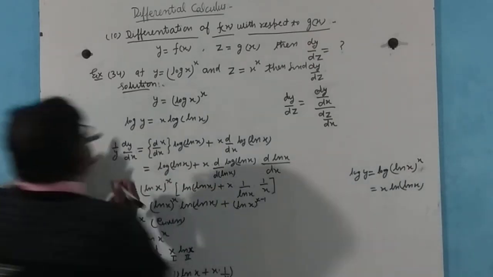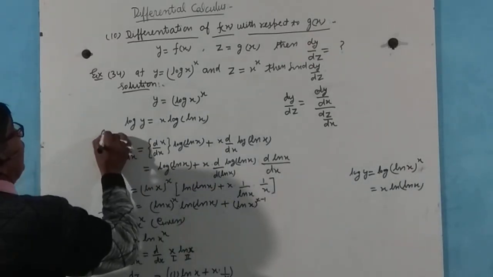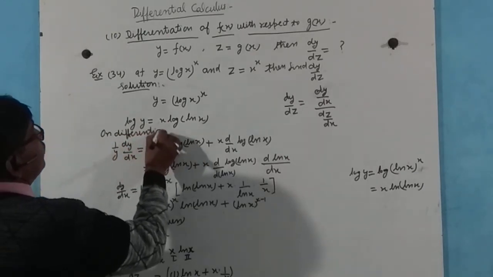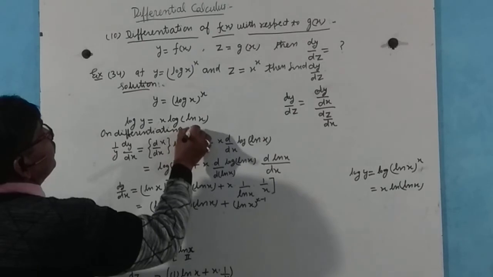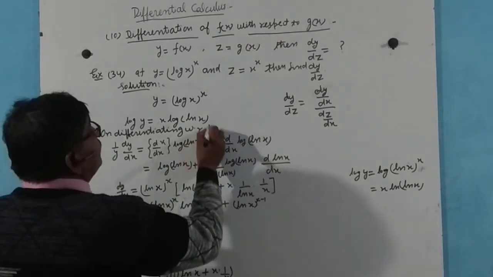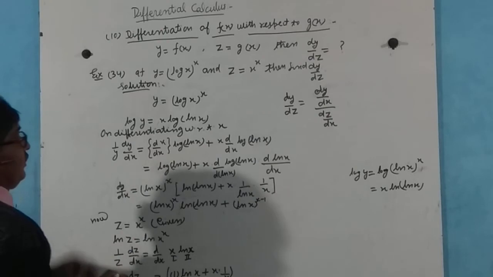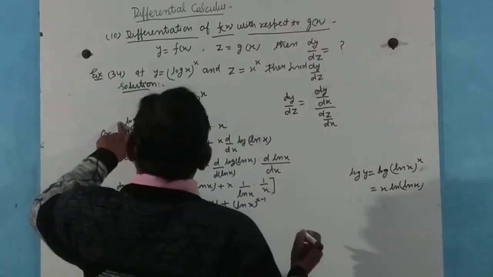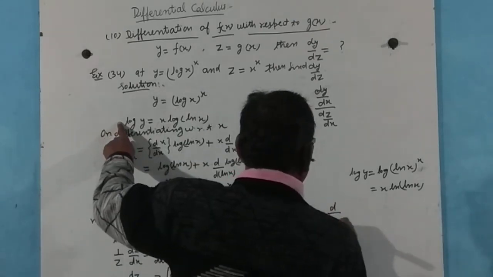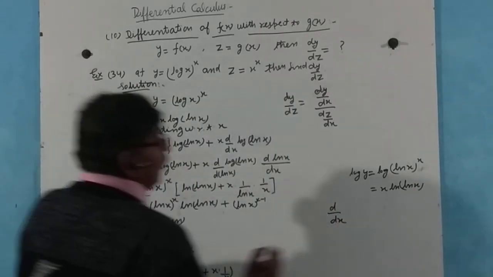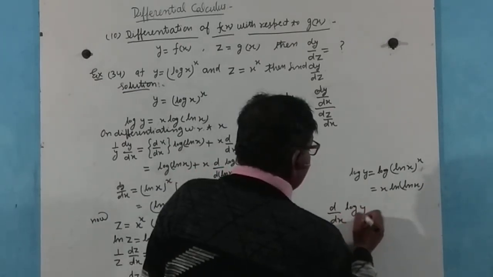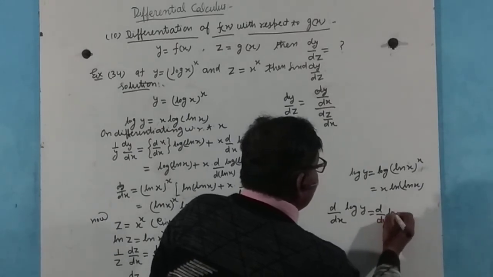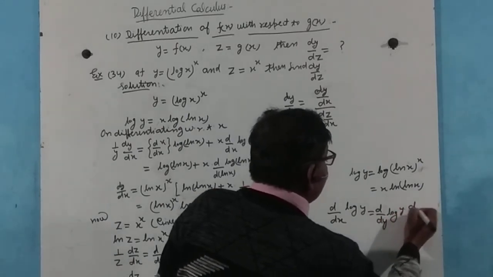Now differentiating with respect to x here, d by dx of log y can be written as d by dy of log y into dy by dx.